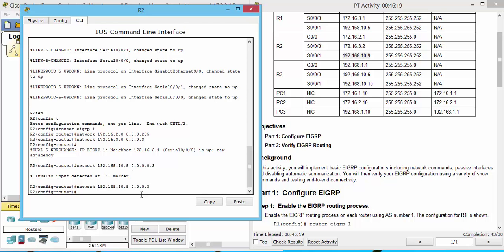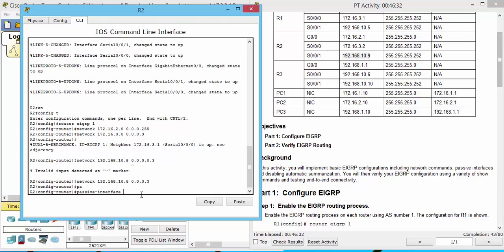Now we configure passive interface. Passive interface gigabit 0/0.